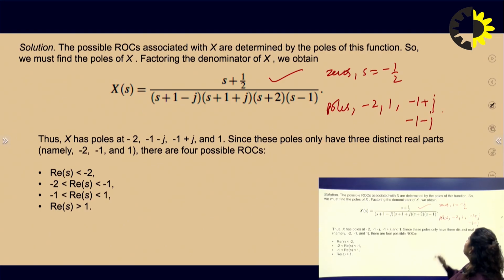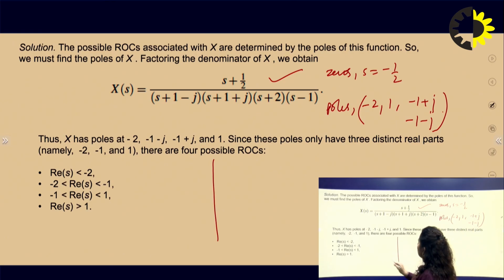So we have these types of poles existing in this case. So we have the ROCs, that is, if you draw, one is minus 2, one is 1, again minus 1 plus j.